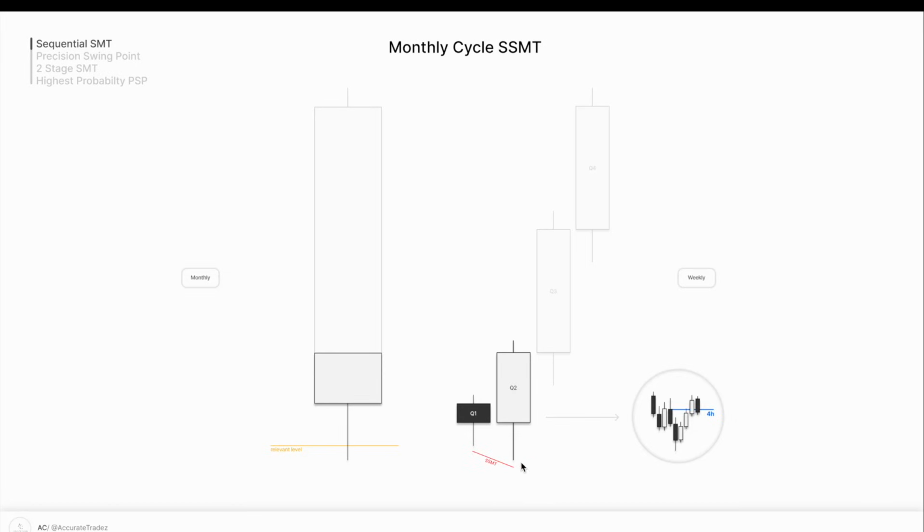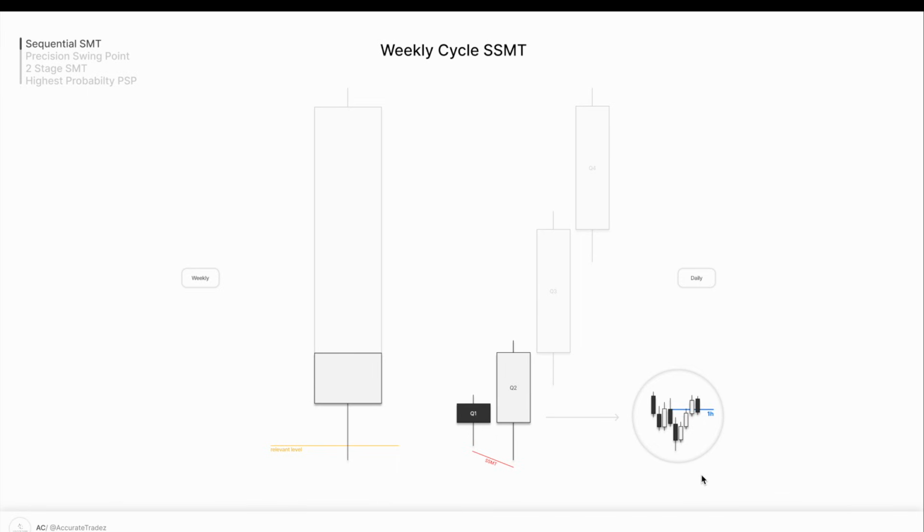Essentially, all it has to be is 2 consecutive quarters. And to view or to confirm the sequential SMT, we use the 4-hour time frame, where you can get your confirmation either with a change in the state of delivery or a higher time frame gap.